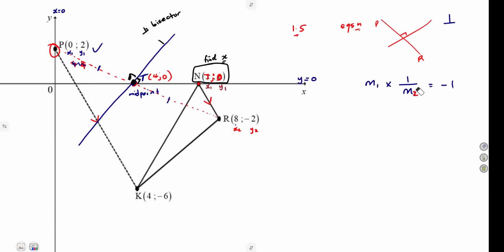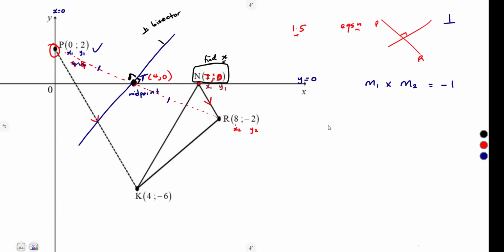All right, what am I doing here? M1 and M2, like this. If you're considering from one gradient, then you simply have to find its reciprocal.